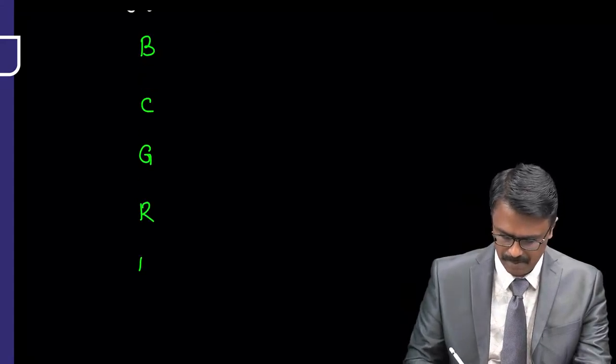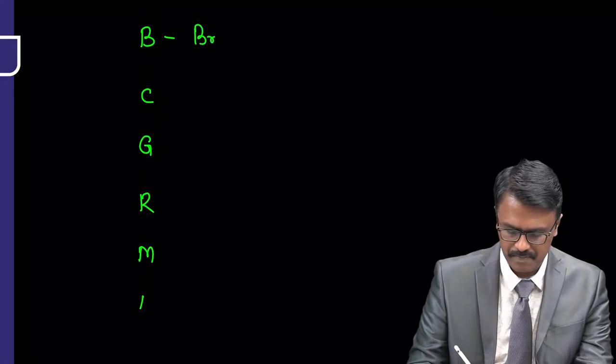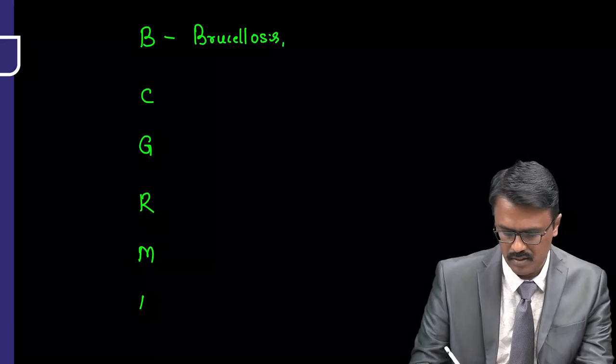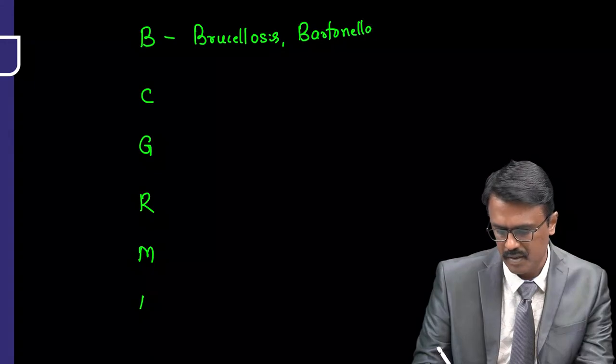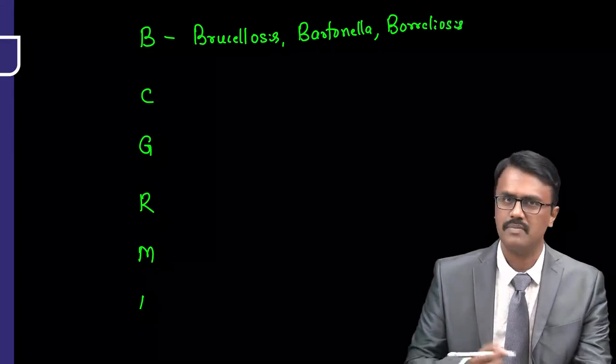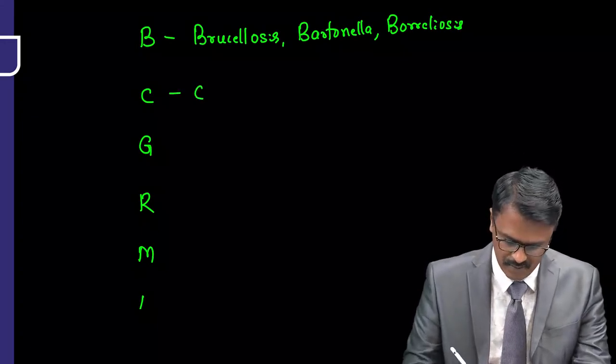So BCG vaccine, take it in RML hospital. So what is that B for? B for brucella. So it is used in brucellosis, then Bartonella, and borreliosis. So here the drug of choice is, yes, what is it? Doxycycline.